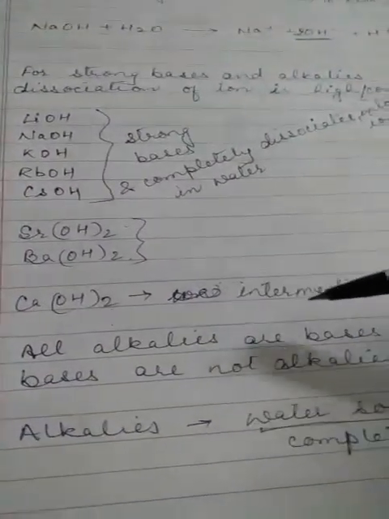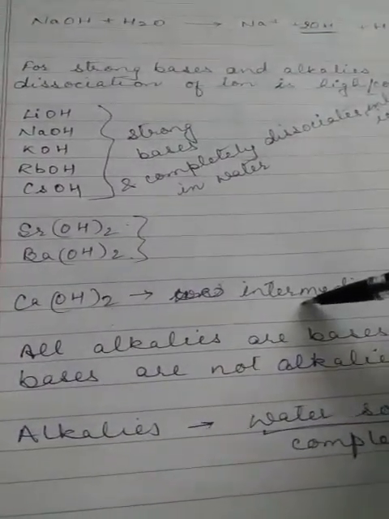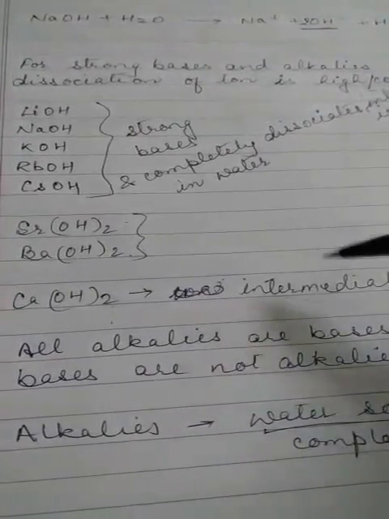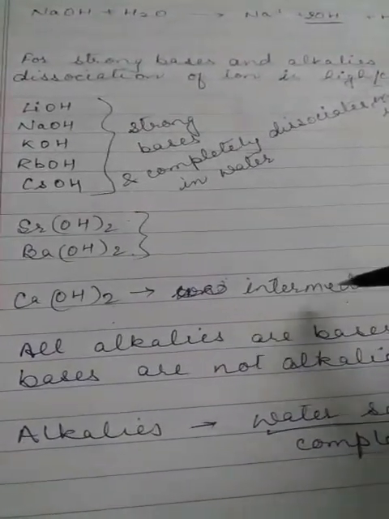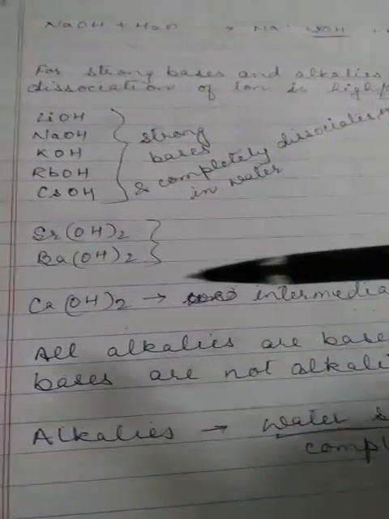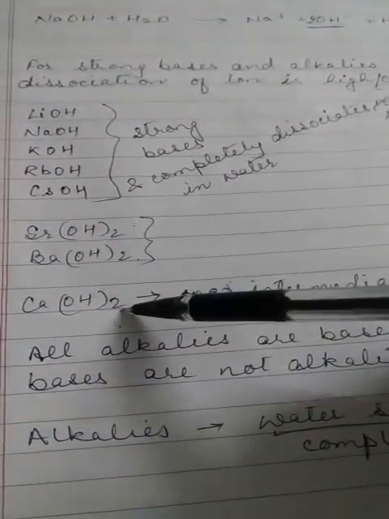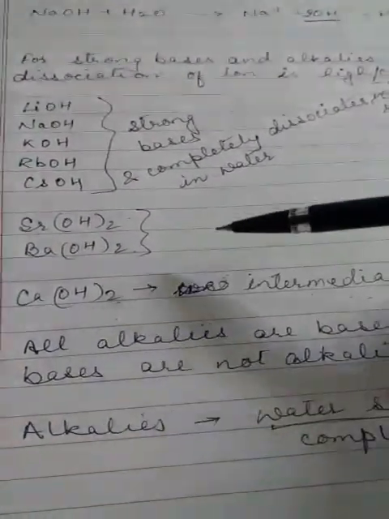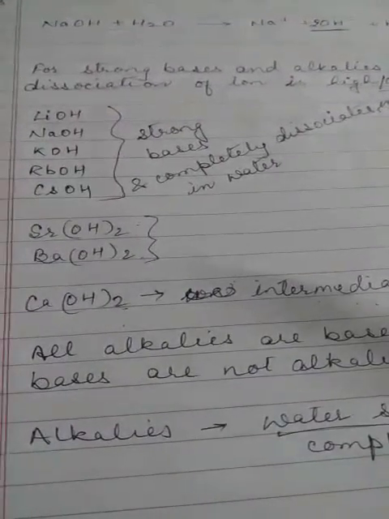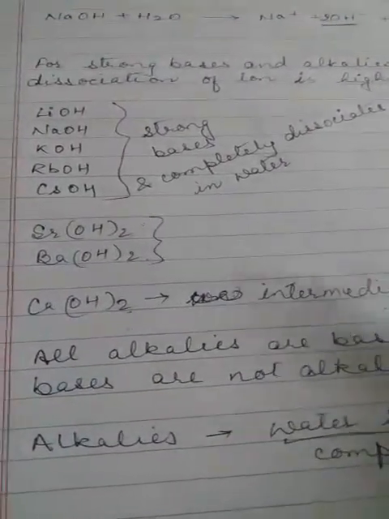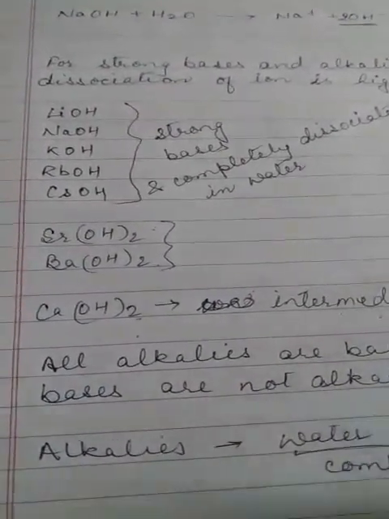So it is intermediate, neither a strong base nor a weak base. The compounds formed by calcium hydroxide, like calcium chloride, calcium sulfate, calcium carbonate, depend on the pH value of that salt.